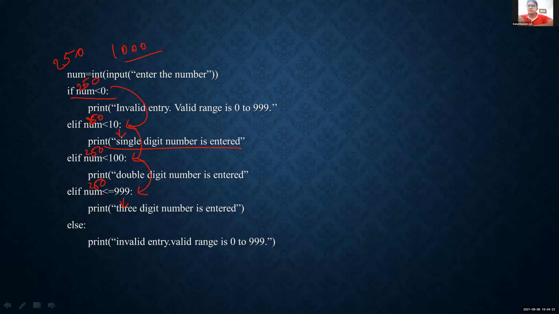It is also false. Third one also false. That also false. Then which statement is executed? Invalid entry. This one is executed. If you are giving -1 or a negative value, then also it will just display invalid entry. Okay, that is the if else statement.